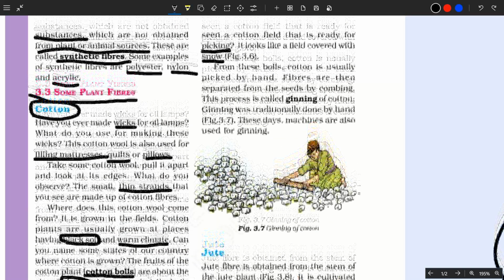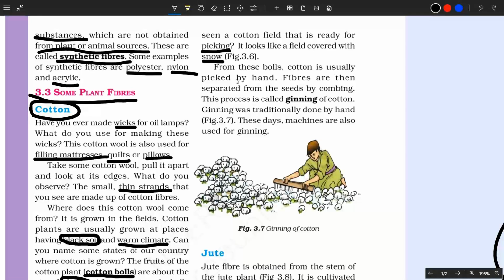From these balls, cotton is usually picked by hand. Usually, cotton was picked from the plants by hand only. Nowadays, there are machines and tractors and so on. In older days, they were picking the cotton by hand only. Fibers are then separated from the seeds by combing.